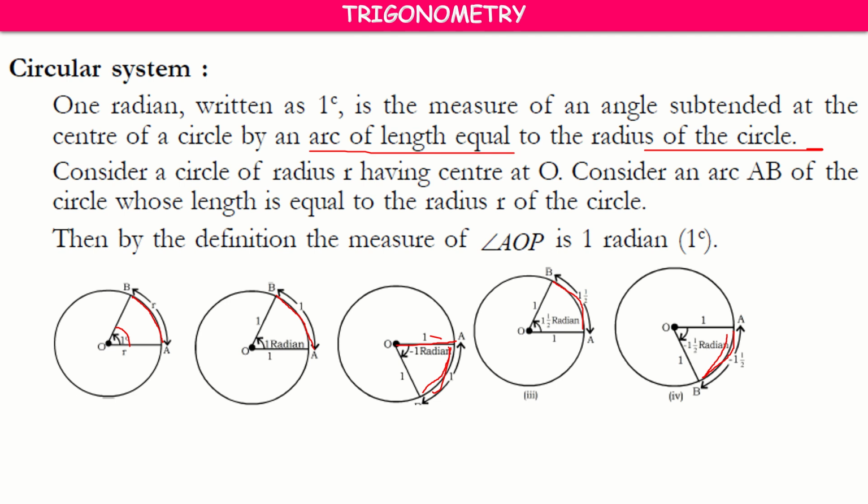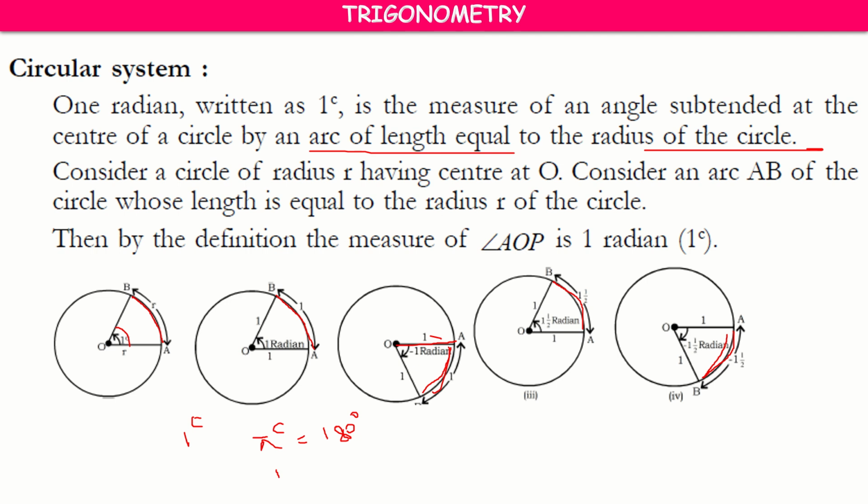One radian is written as 1 power c. It is nothing but 1 radian. The very important thing here is that pi radians is equal to 180 degrees. Pi radians is equal to how many degrees? 180 degrees. Try to understand: pi radians is equal to 180 degrees.